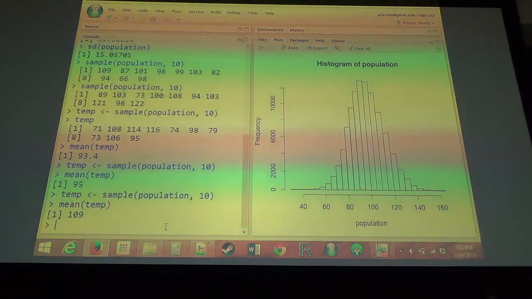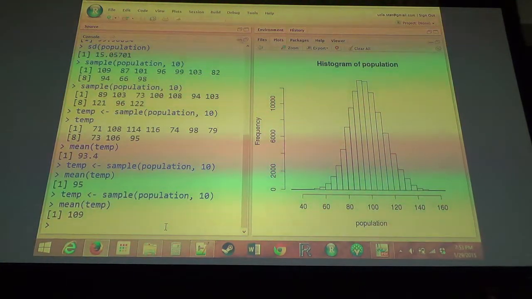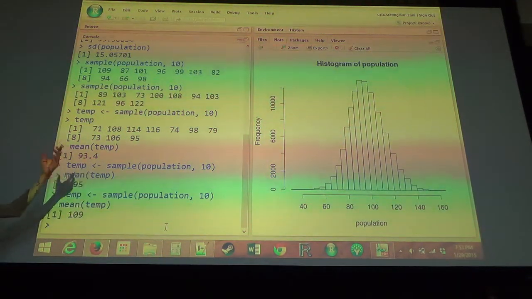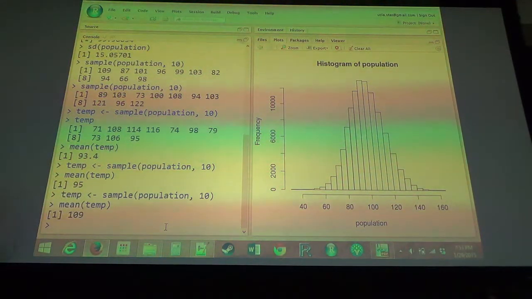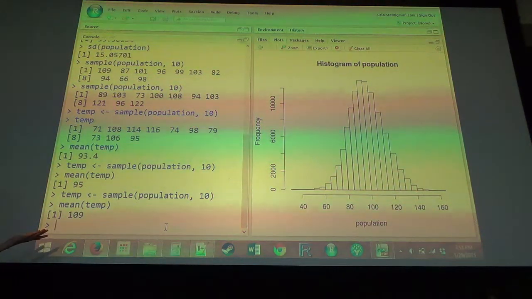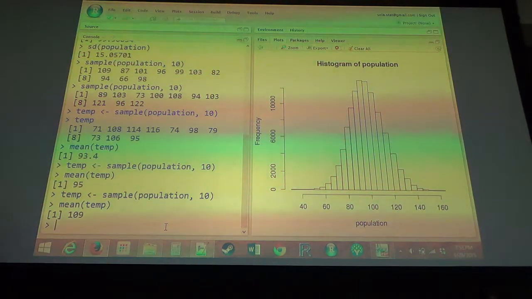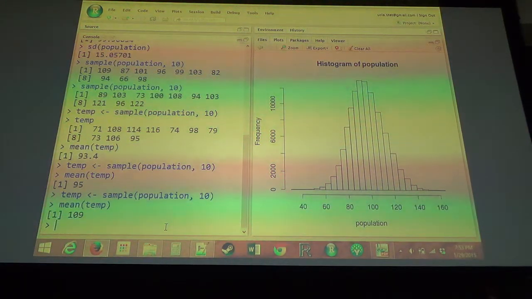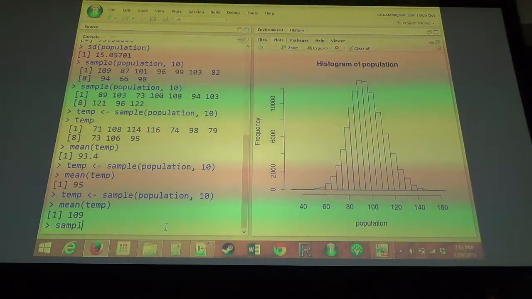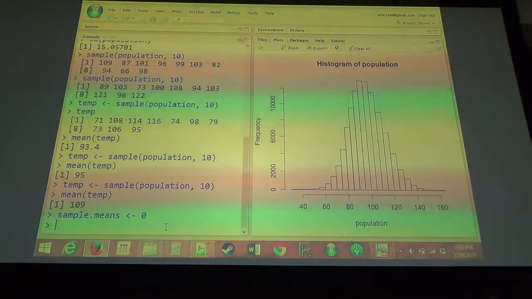Okay, so let's do this a whole bunch of times. Let's say I do this 1,000 times. So I'm going to take 1,000 samples. Each time I take a sample, I'm going to take 10 numbers, and every time I take a sample, I'm going to calculate the mean. And we're going to keep track of all of those sample means. All right, so I'm going to build a loop here. I'm going to create something called sample means and store 0 in there.